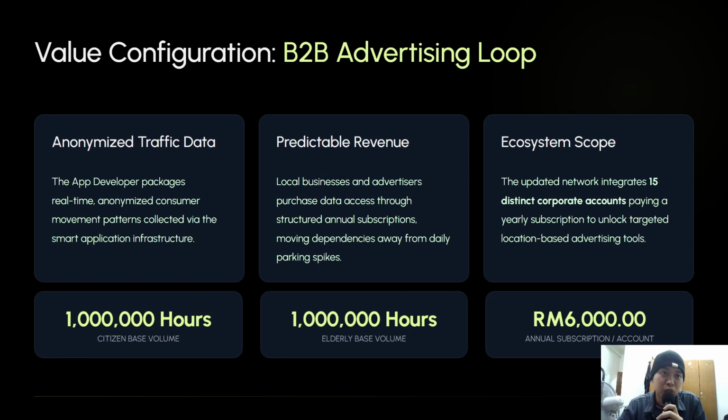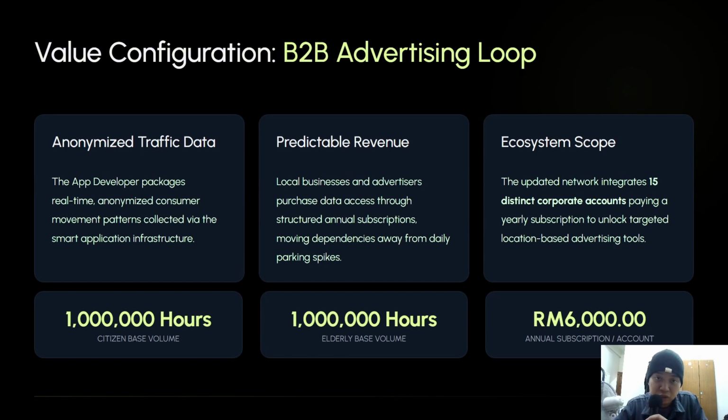Next is the value configuration, a B2B advertising loop with anonymized traffic data. The app developer packages real-time anonymized consumer movement patterns collected via the smart application infrastructure.